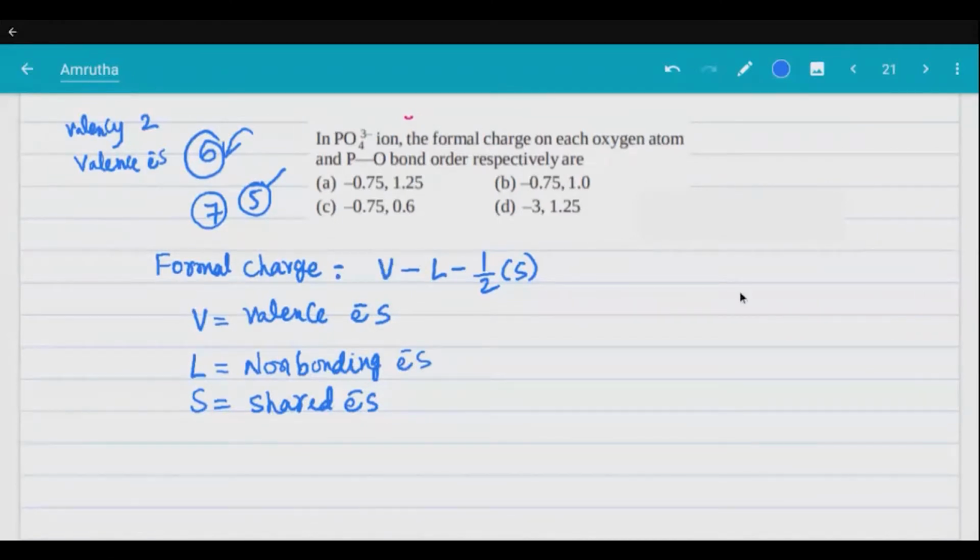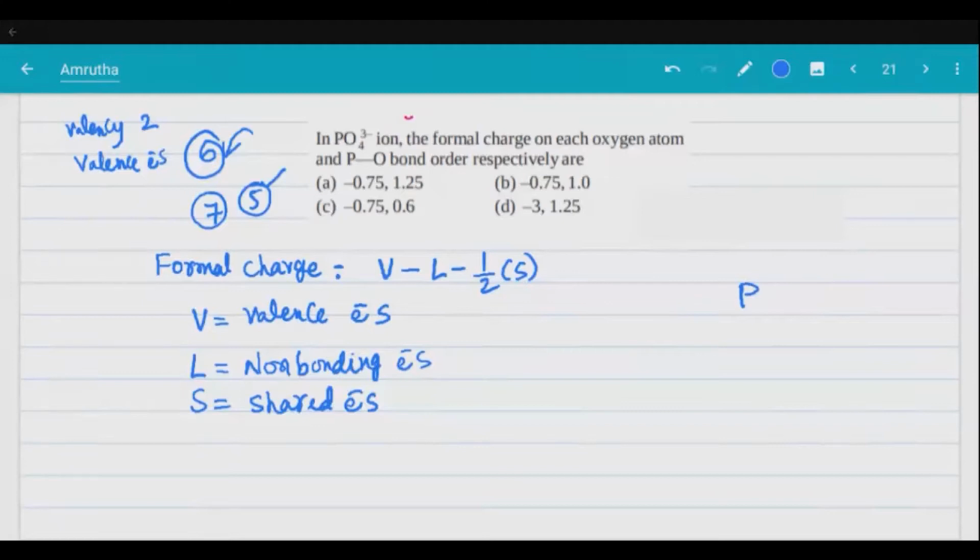Now look at this ion, PO4 3 minus. First let us write, what is phosphorus valency? Can you tell me what is phosphorus valency? Be quick, I'm expecting an answer from everybody. My voice is clear, right? Yes. Okay, I'm getting the answers. Very nice. So phosphorus valence is 5.